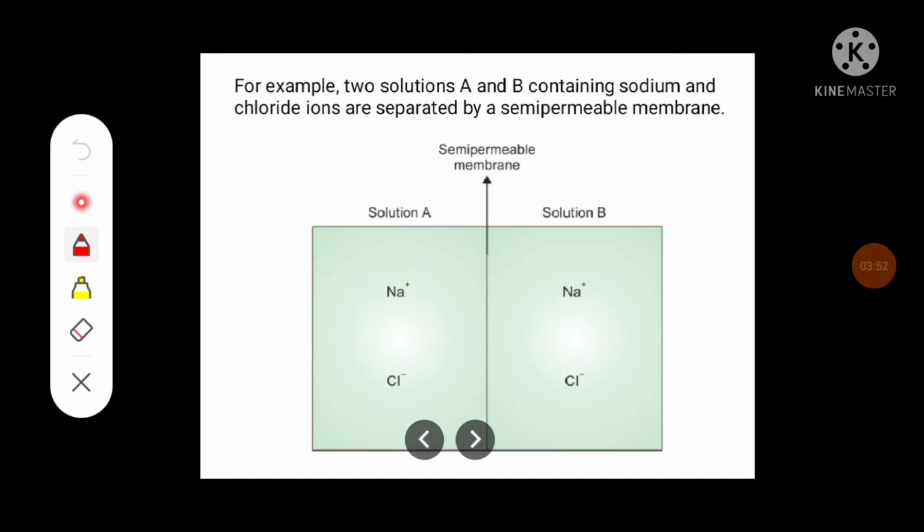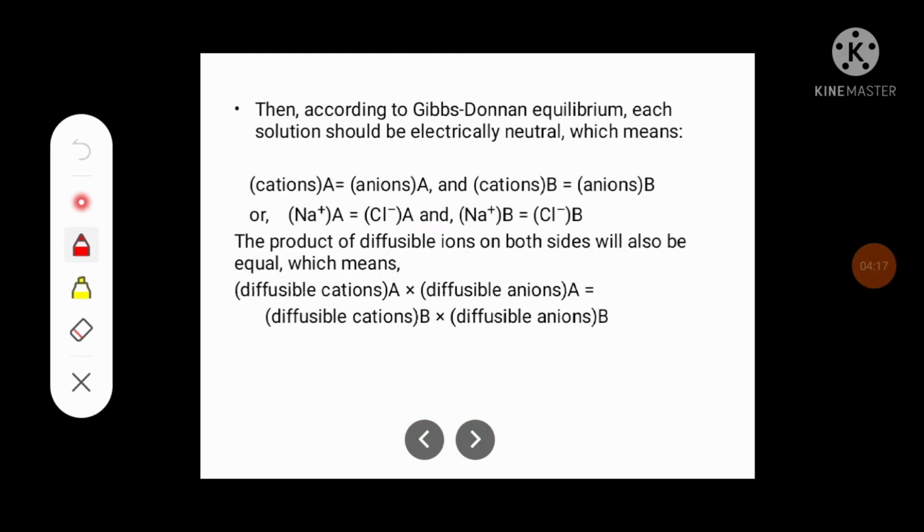For example, two solutions A and B containing sodium and chloride ions are separated by a semi-permeable membrane. The concentration of sodium and chloride is equal in solutions A and B, so the numbers of anions and cations are equal to each other.